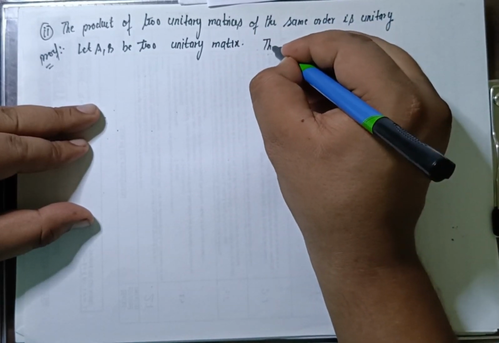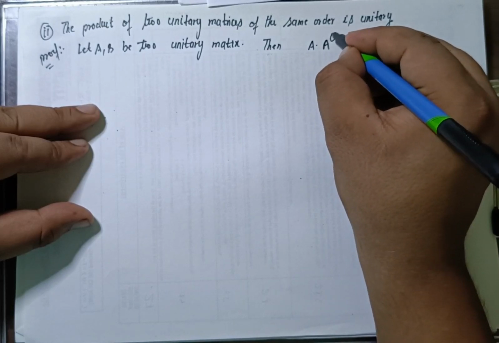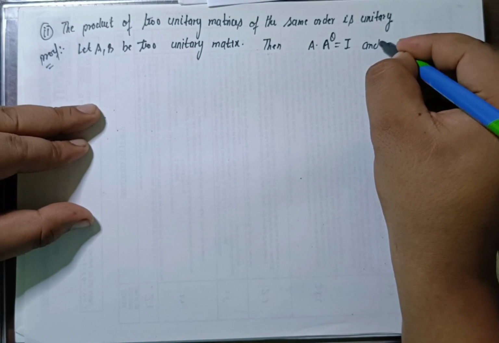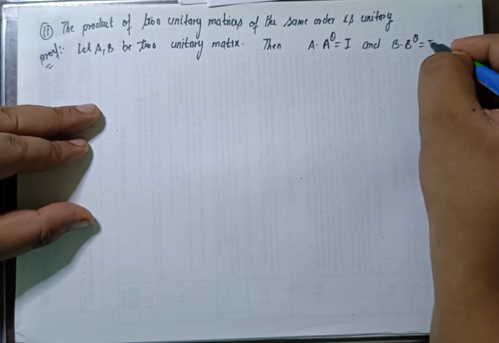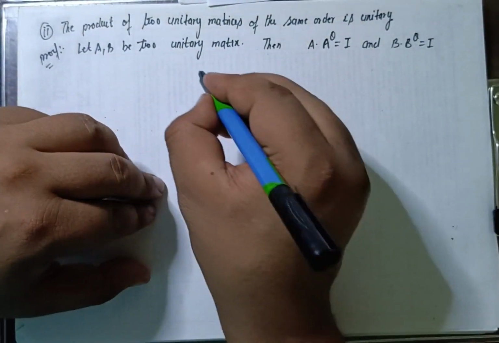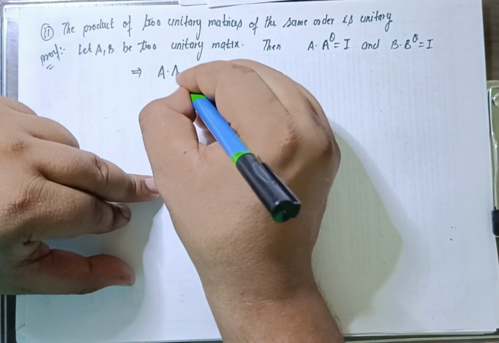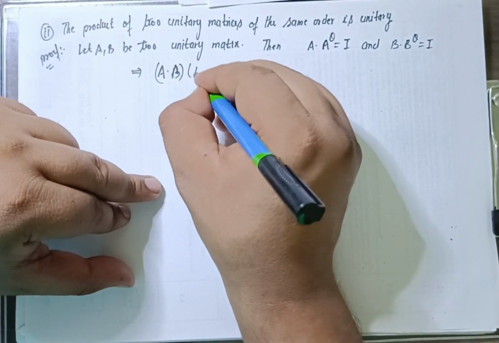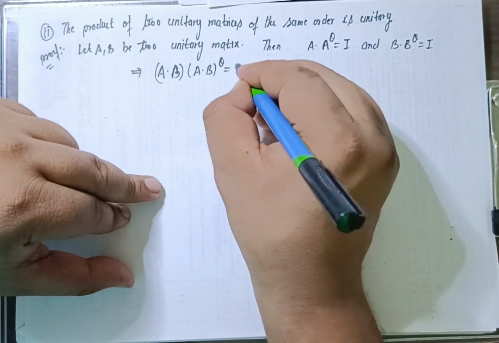Then A into A conjugate transpose is equal to identity, and B into B conjugate transpose is equal to identity. Now we need to show that the product of these two unitary matrices is again a unitary matrix. That is, we need to prove that A into B times the conjugate transpose of A into B is equal to identity.